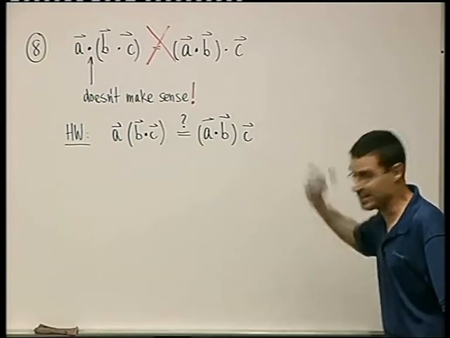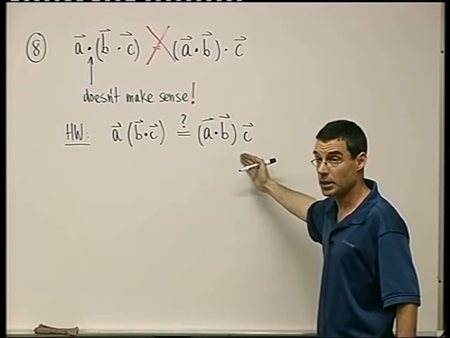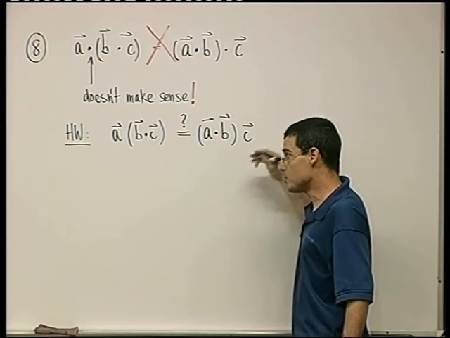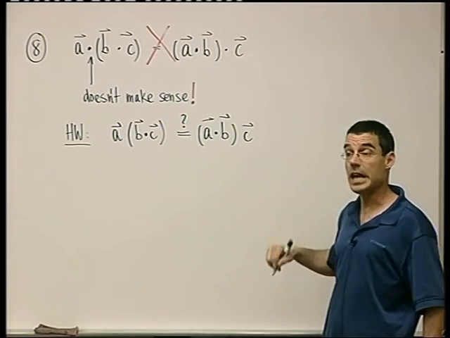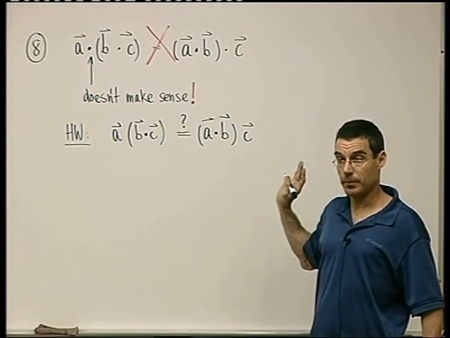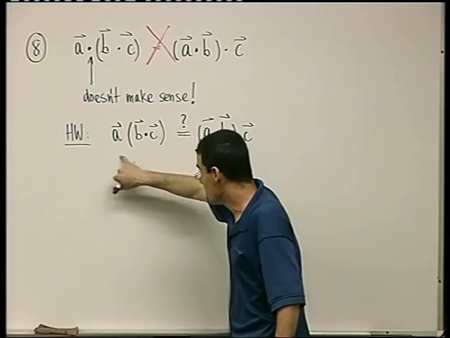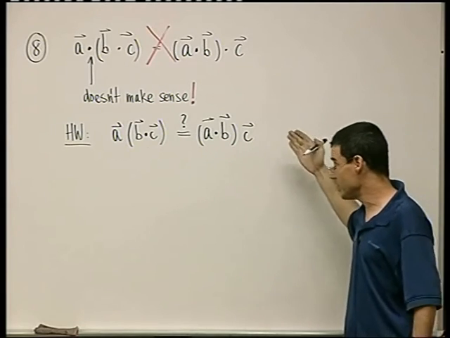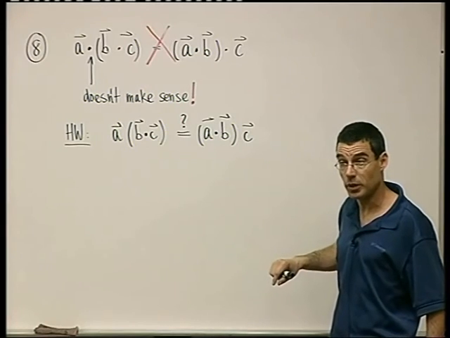This makes sense. This compiles. This is a legitimate question, but is it true? In order to prove that it's true, you somehow have to use the definitions to show that it's true. Do it. In order to prove that it's not true, you have to give a counterexample. Give 3 concrete vectors, A, B, and C, for which the left-hand side and the right-hand side are not the same. That would be saying that this is not true. Okay? So I'm not going to tell you if it's true or not. I'm leaving this one as homework.